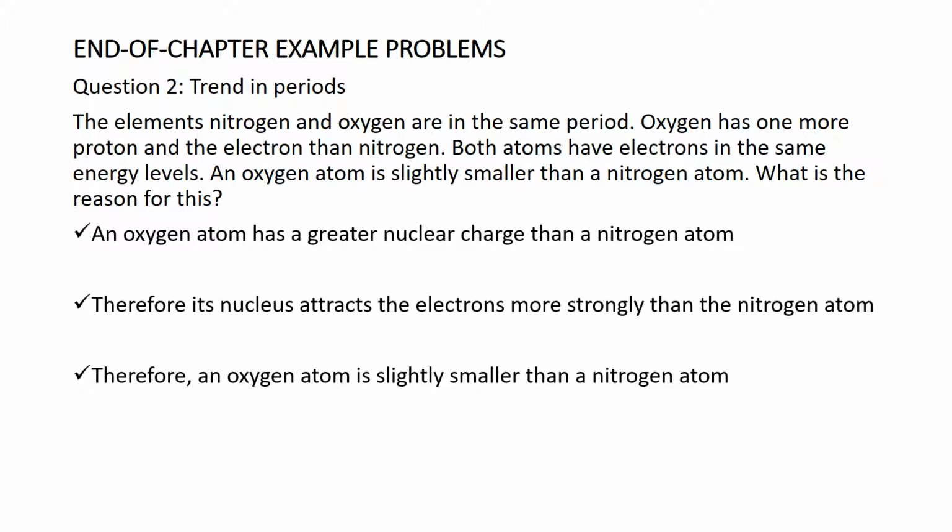Because remember, if your nucleus attracts the electrons more strongly, it means that the people at the back of the circle can clearly see the person who is dancing, so the circle is not big enough. So that is the case with oxygen. The circle of oxygen is not big enough, so it is smaller than the circle of nitrogen.